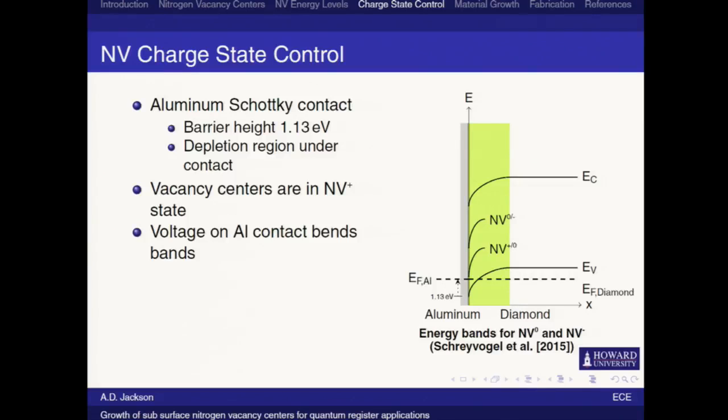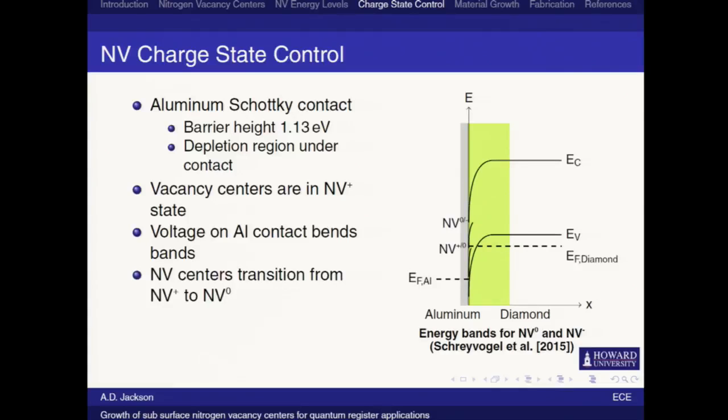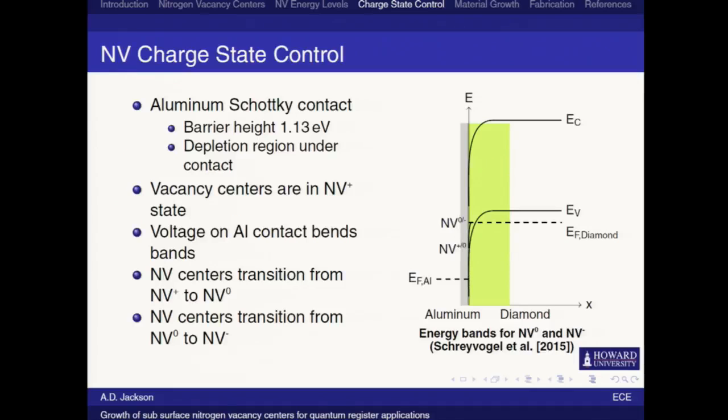At about 10 volts, the Fermi energy is higher than the 1.2 eV, so the vacancy center transitions from the positive charge state to the neutral charge state. And if you increase the voltage to about 20 volts, then you get the transition from the neutral charge state to the negative charge state. So at this point, you can deterministically set the charge state of the NV center.